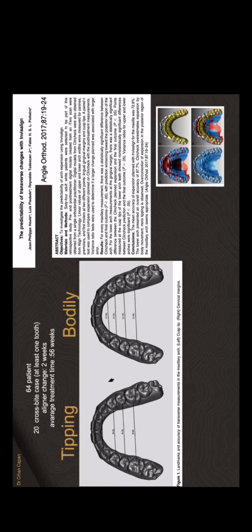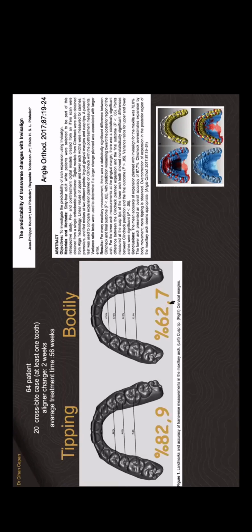They looked at 2 movements, the bodily and the tipping one. They calculated the bodily movement from the gingiva of the canines, between the 2 canines. And the tipping movement was calculated from cusp to cusp. So if we look here, the bodily movement was approximately 63% matched between the real one and the virtual one.